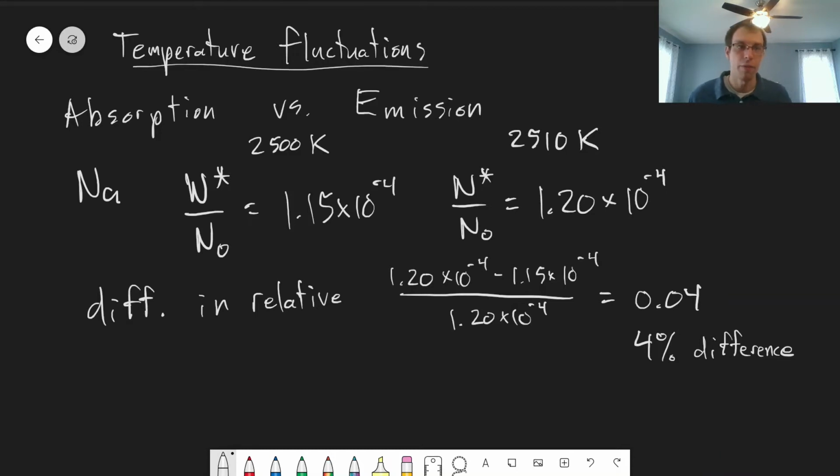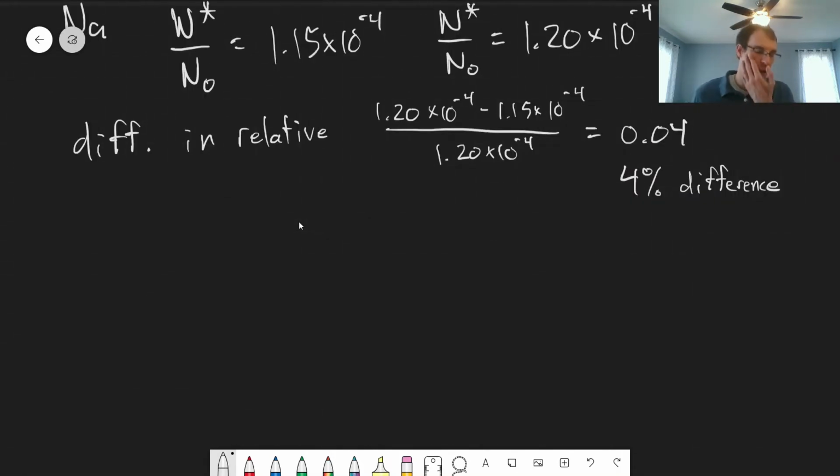Now for emission spectroscopy, this would be a 4% difference in terms of the signal that we get. Because we have our flame, we have our atoms, and we're looking at the light coming from these atoms, and the light is directly dependent on how many atoms are in the excited state.